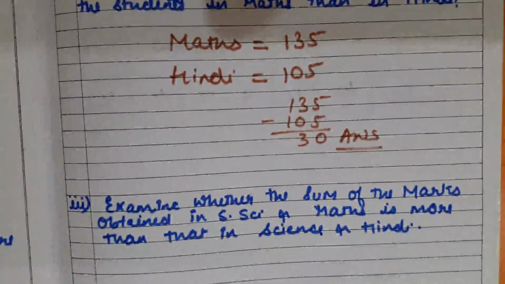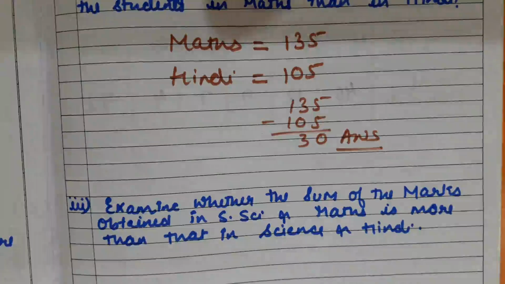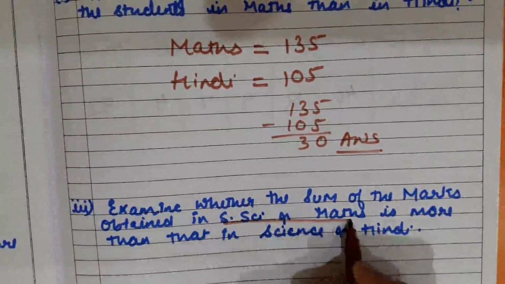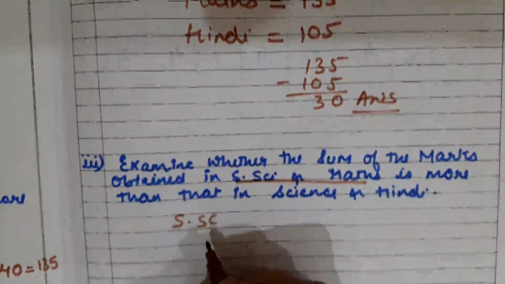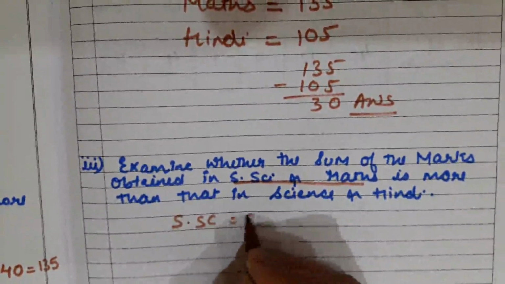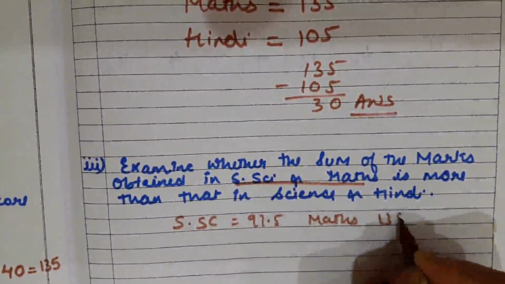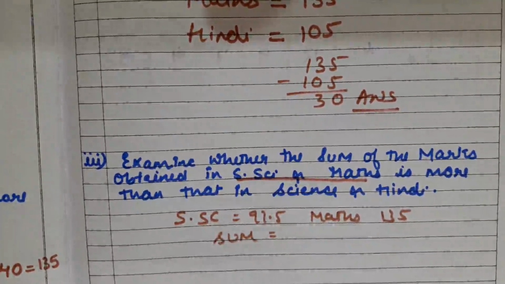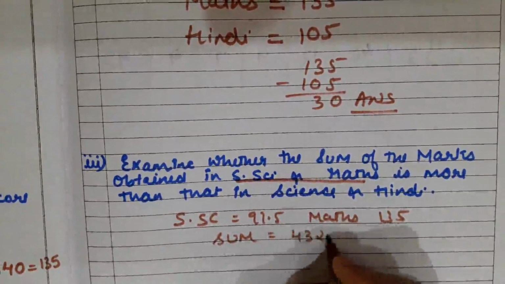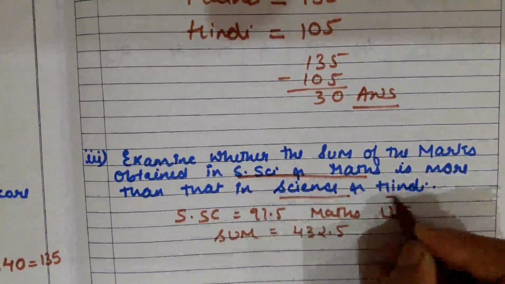Next question is, examine whether the sum of marks obtained in social science and maths is more than in science and Hindi. So now we need the sum of social science and maths. In social science the student is scoring 97.5 and in maths he is scoring 135. So the sum will be 232.5. Now in science and Hindi we have to check.